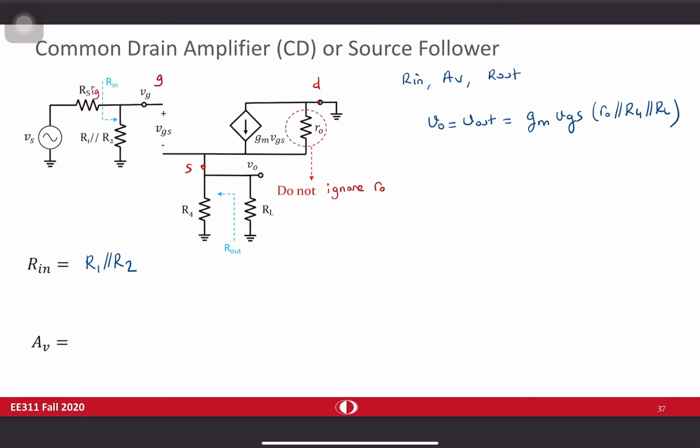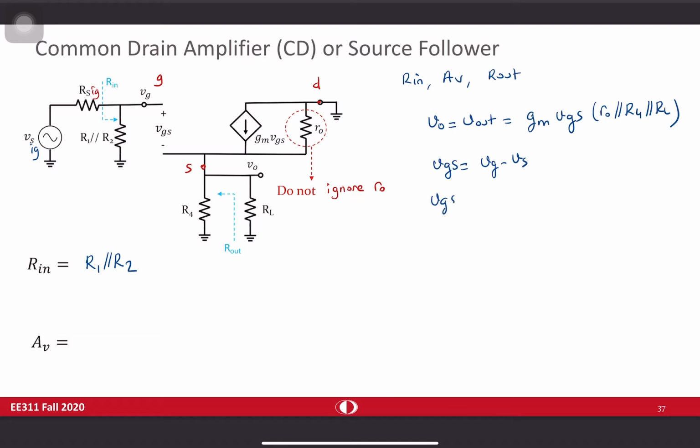Now I need to find VGS in terms of V signal. VGS is equal to VG minus VS. VG, I hope you can directly see it. It's going to be Rin divided by Rin plus R signal times V signal. There is a resistive voltage division in here.